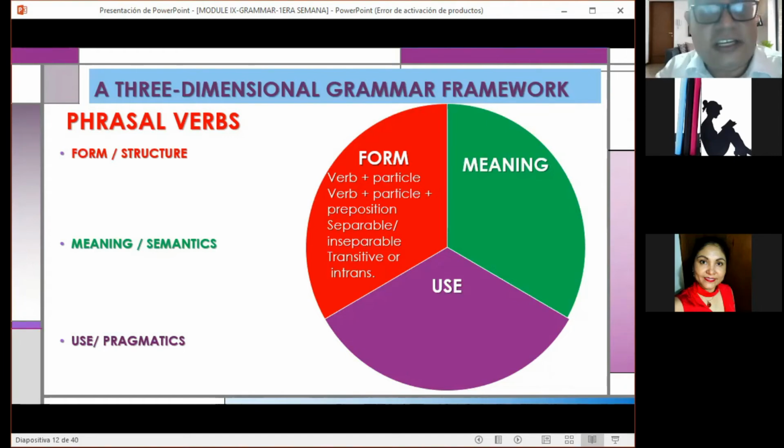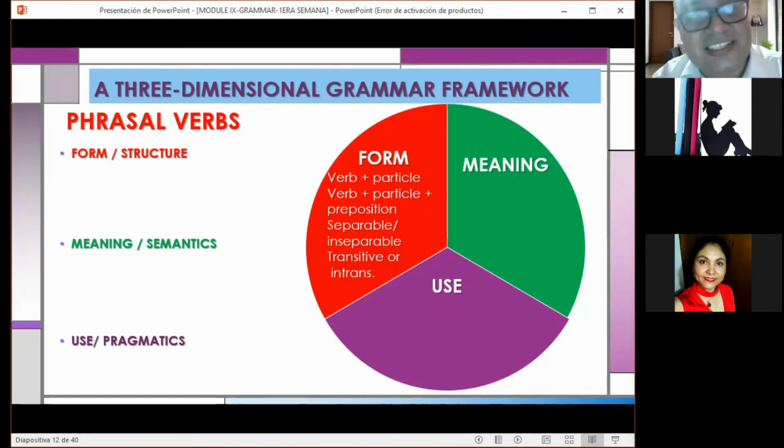And also, it is intransitive because it doesn't have an object. I get up at 8. What is the object? There's no object. Just a complement, no? That you are indicating the time, but it's not an object. Remember, when we talked about object, it doesn't mean just a thing, no? It could be a person or a place and something more, no?